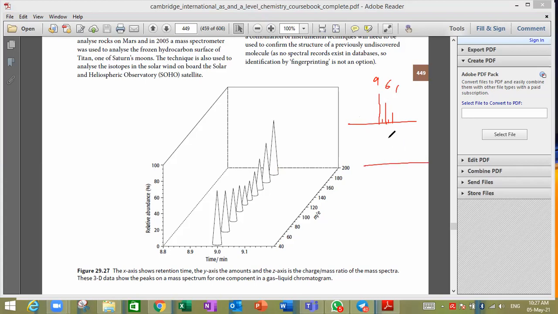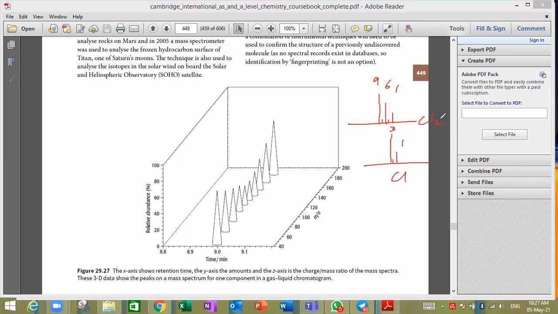If you have only the molecular ion peak, and after 2 units you get another peak in the ratio 3:1, this means that you are having only 1 chlorine atom.